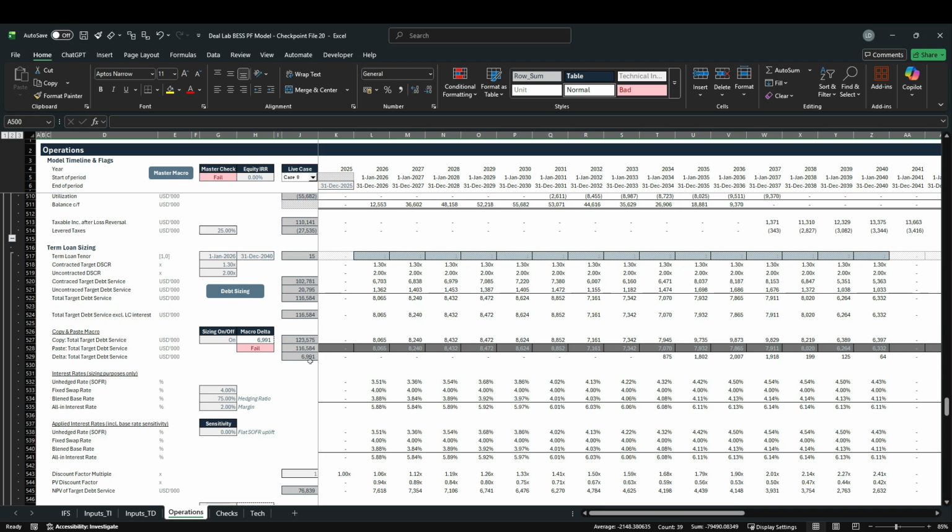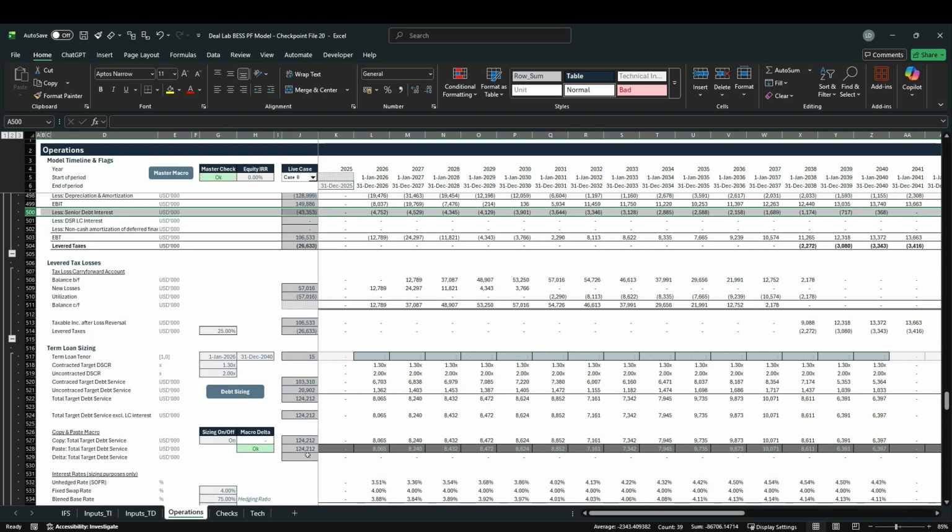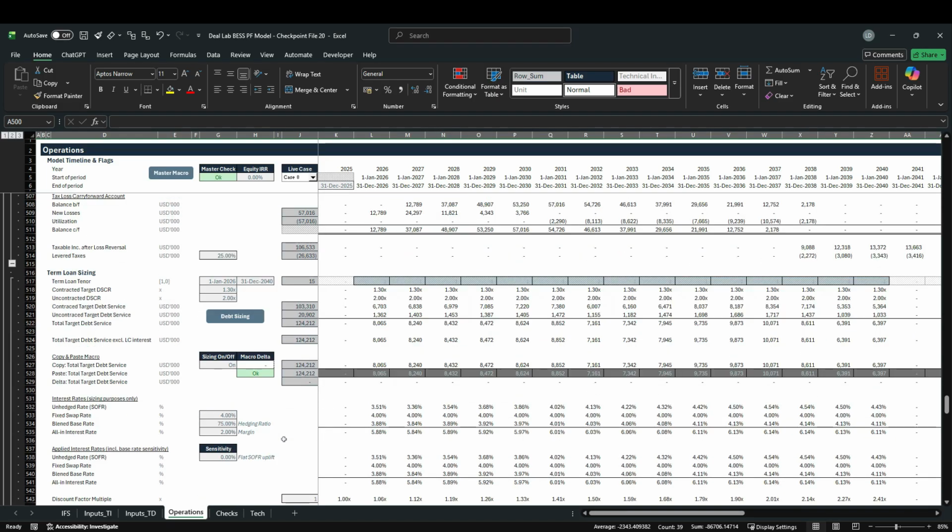So there's a difference of 7 million, and we can break that circularity by simply hitting our debt sizing macro, which now leads to a total target debt service of 124 million after multiple iterations of this problem have been solved.